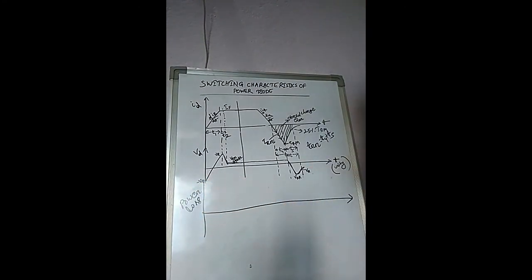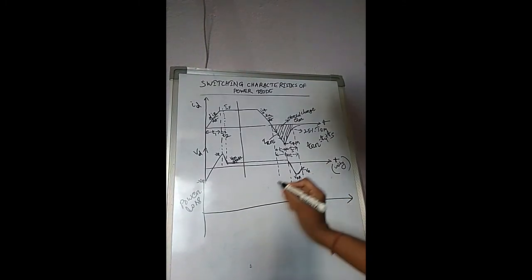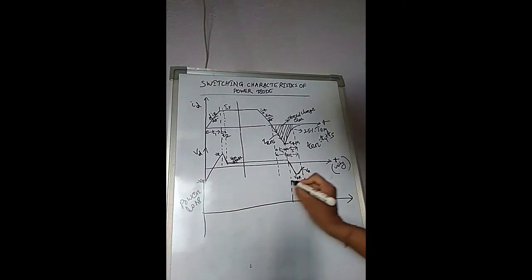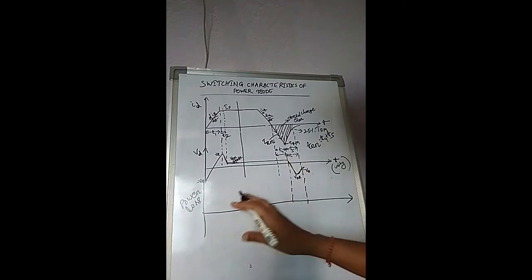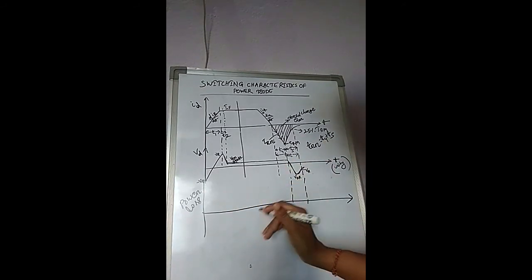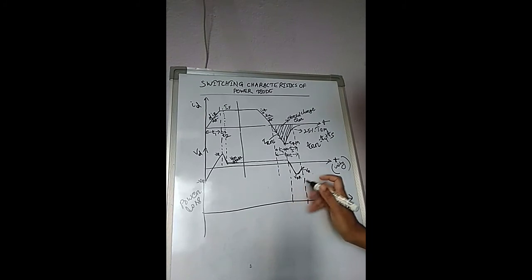I will show you the power loss graph. What happened during the switching characteristics of the diode? How is the power loss? What amount of power loss occurred during the switching characteristics of power diodes? Let me show you.